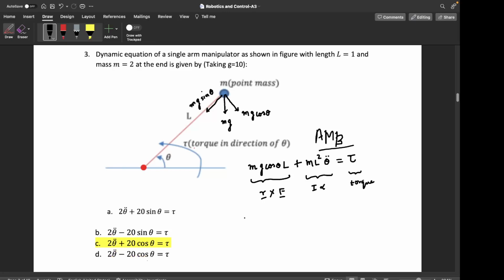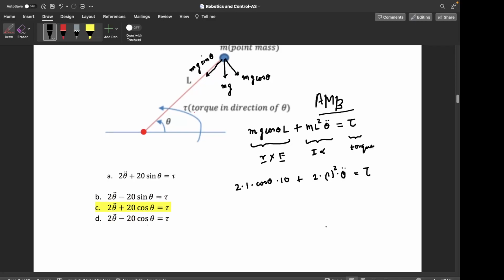So m is given as 2 and length is 1, so 2 into 1 into cos theta into g is 10, plus m is again 2, L square is 1 square, into theta double dot is equal to torque.